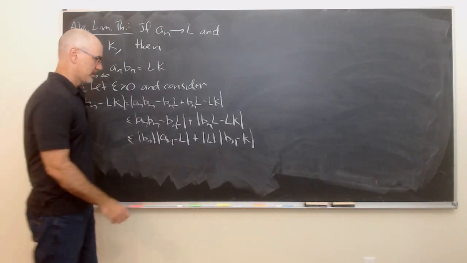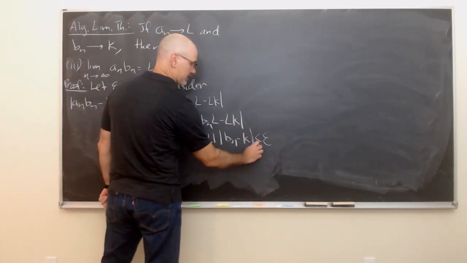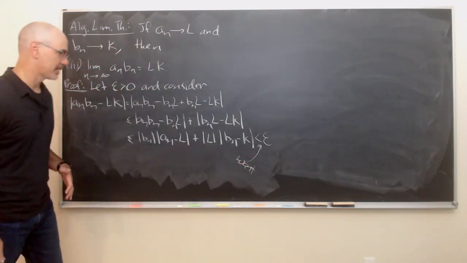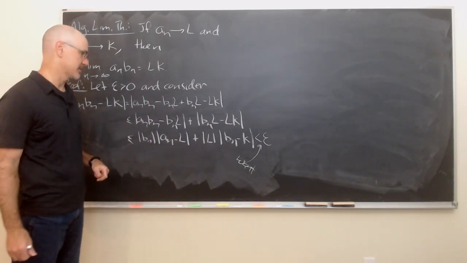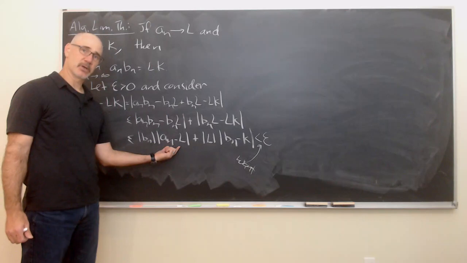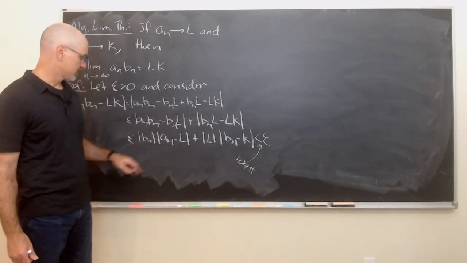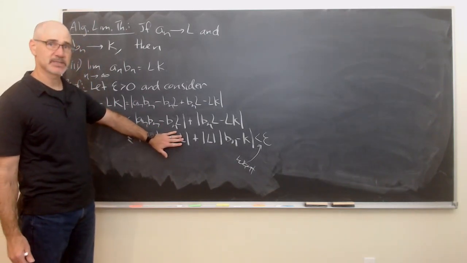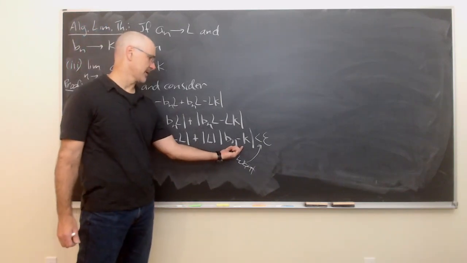What I'm eventually trying to get to is to make this be less than epsilon. And I have to do that by controlling the things I know I can make less than any positive number. An minus L I can make as small as I like because An converges to L. So it seems promising that I can take that small enough to make this first piece be less than epsilon over 2. And the same goes for Bn minus k.